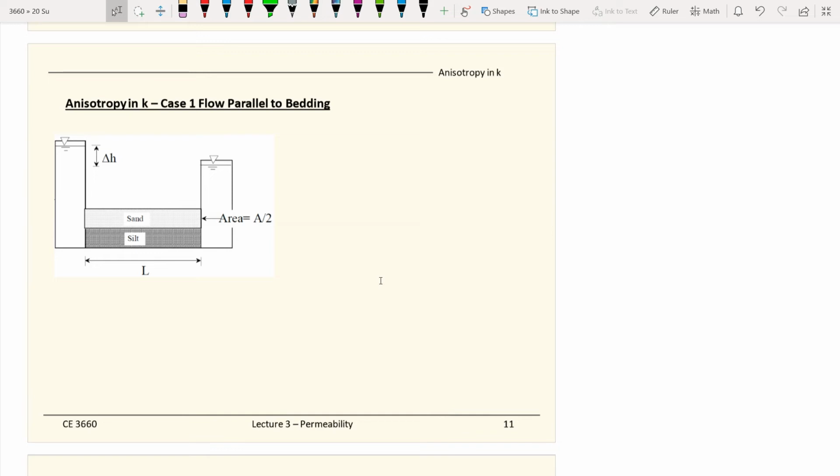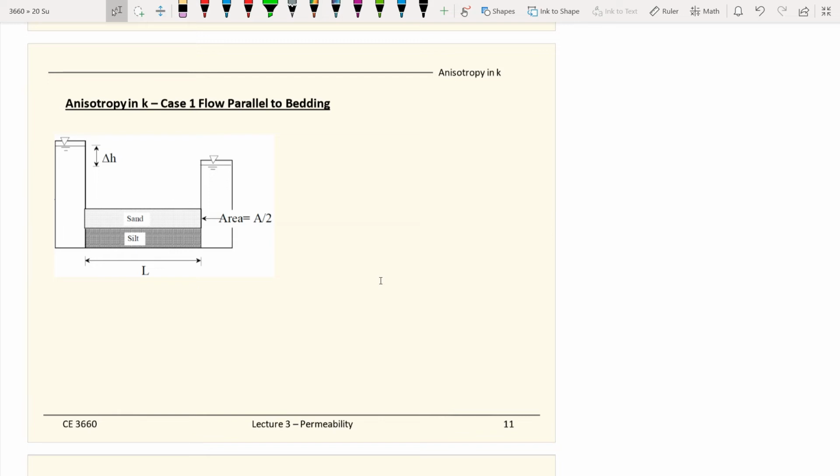What we are trying to do here is simulate a more realistic ground scenario, where the soil site is not just one type of soil. It's not homogeneous ground, but we always have different types of soils on a project site.